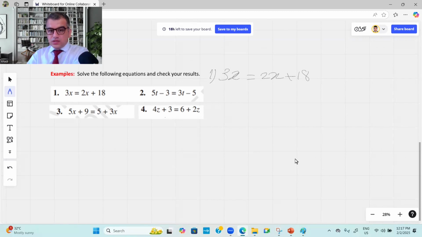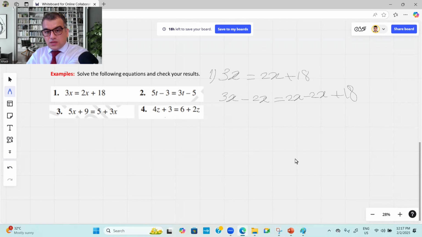What we do is add the additive inverse of 2x to both sides. So I can write 3x minus 2x is equal to 2x minus 2x plus 18, right?